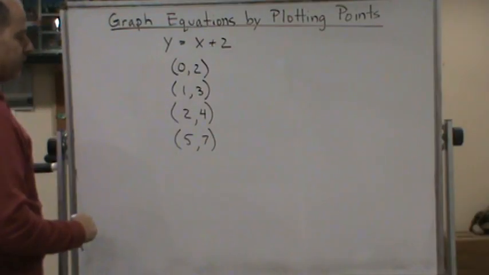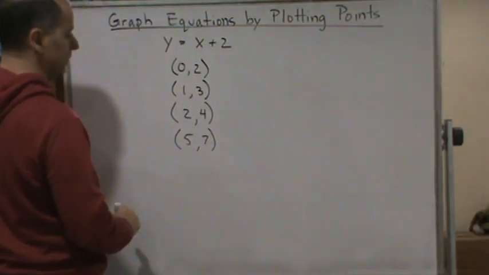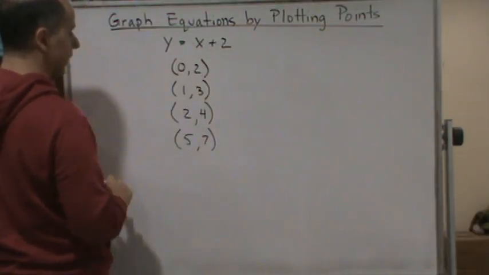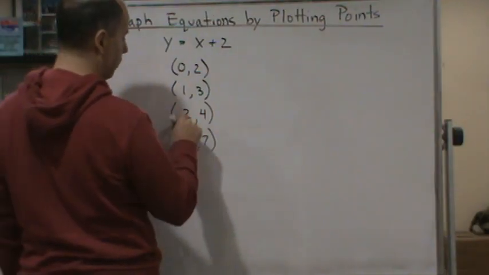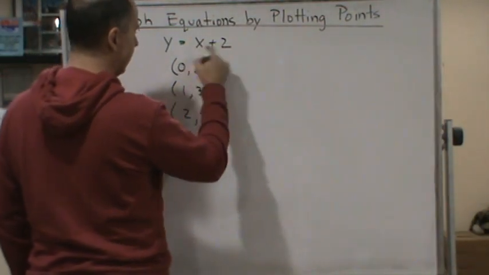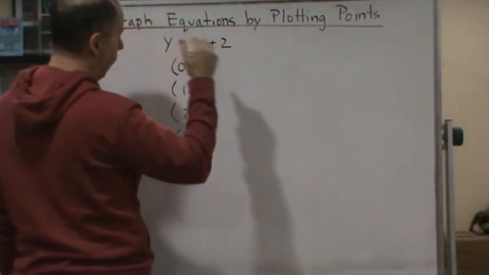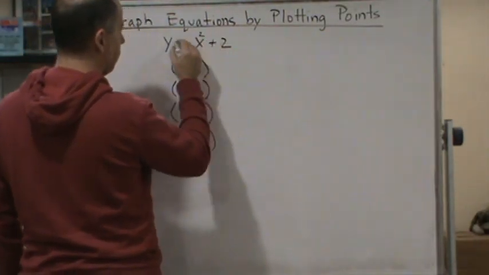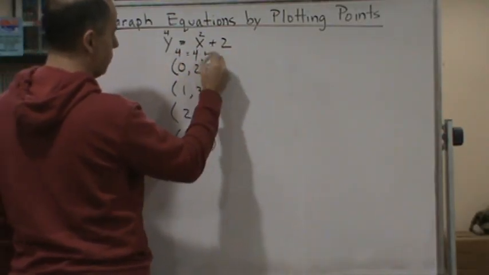So all of these are solutions because if you take each one of these points and stick it into the equation, you get a true statement. For example, (2, 4). If I stick in 2 for x and 4 for y, what happens? I get 4 equals 4, which is a true statement.